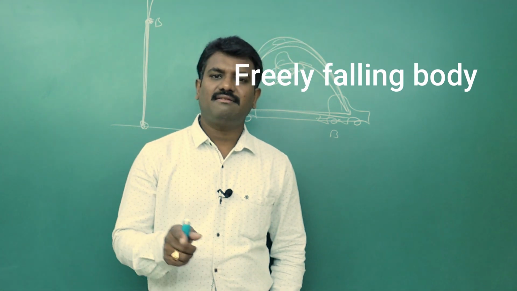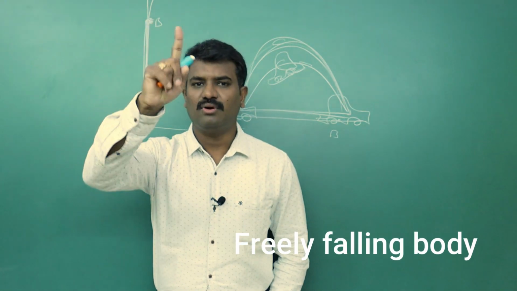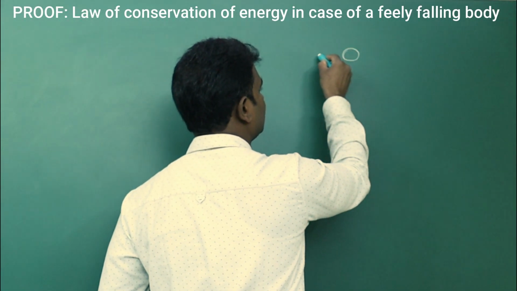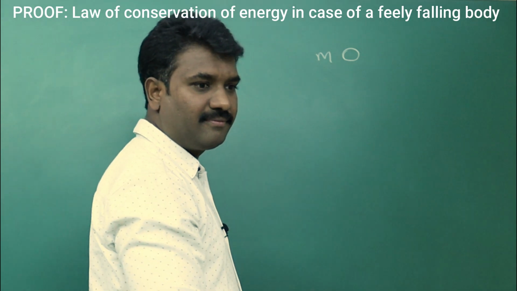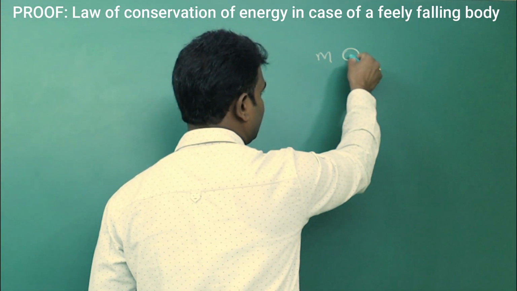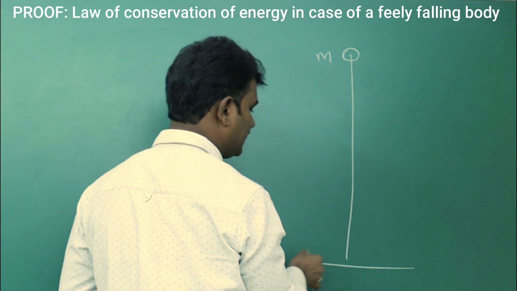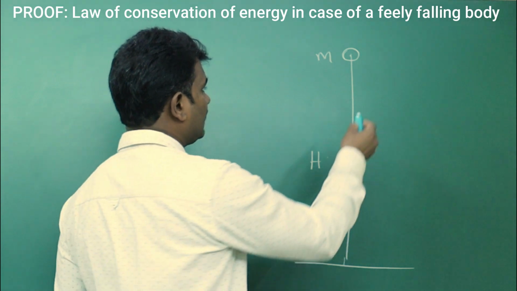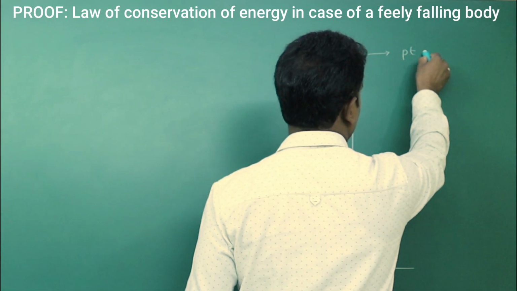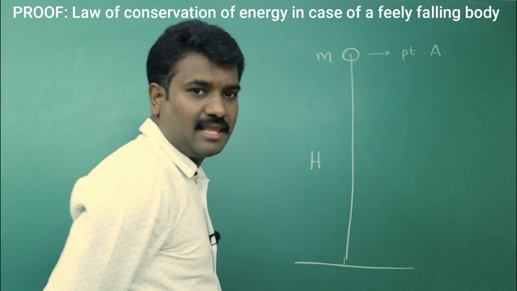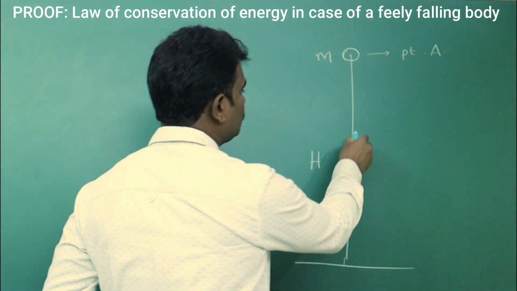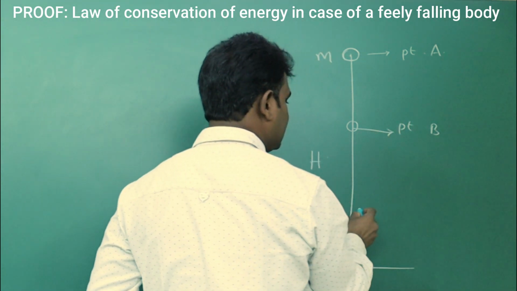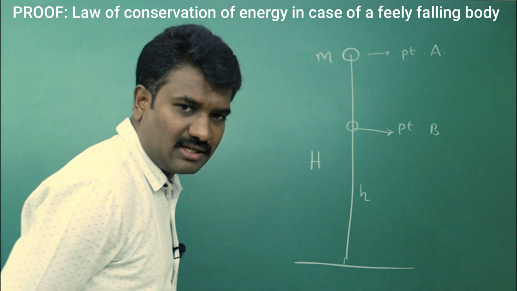Now let us derive this in case of a freely falling body. See, this is an object of mass m falling freely from a certain height capital H above the ground. I call this point A. After some time it reaches some point B, which is at a height small h from the ground.